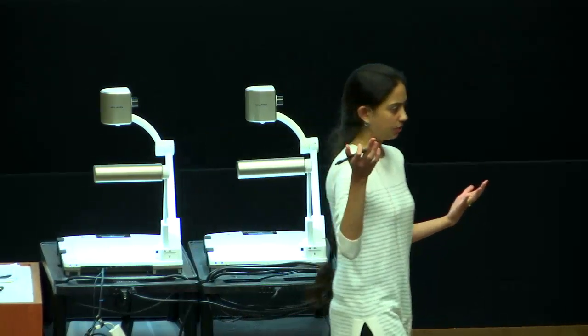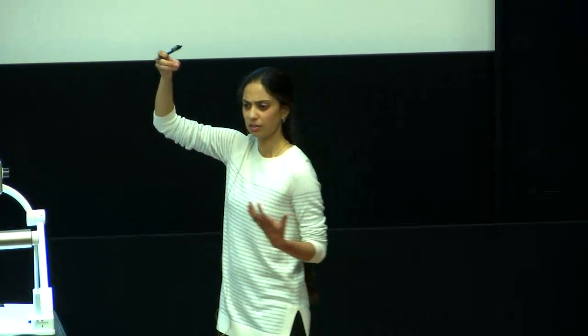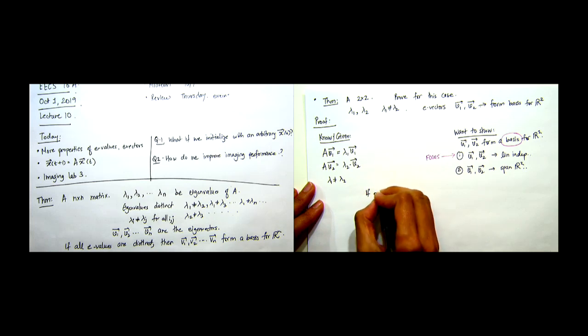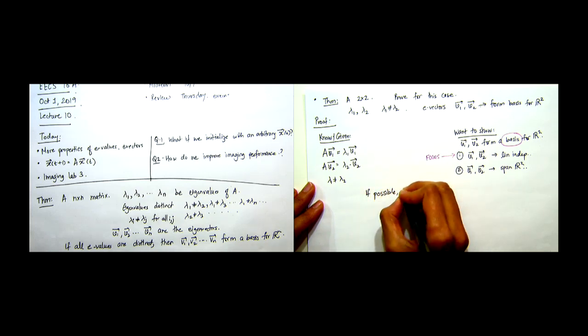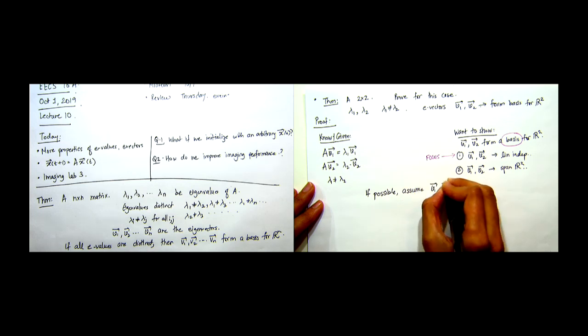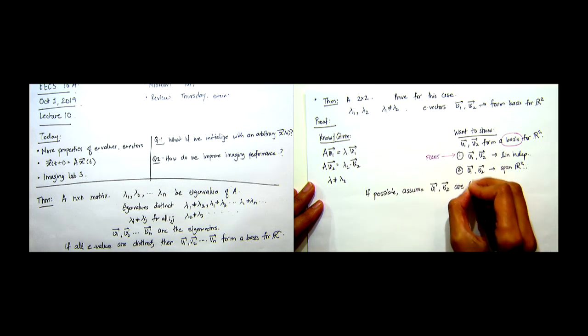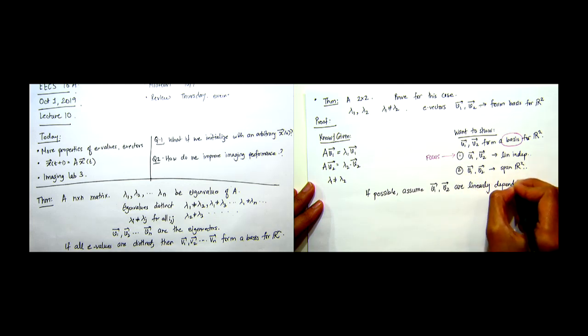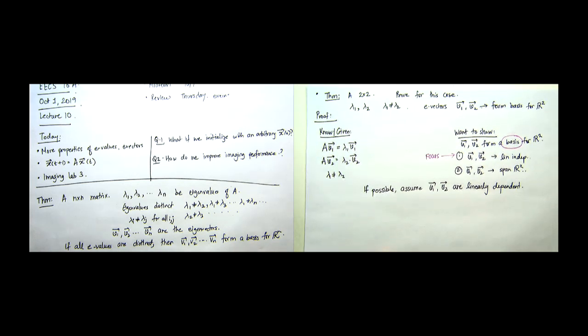Proof by contradiction, right? So what do you want to assume here? Assume that they're linearly dependent. So let's say, if possible, assume V1, V2 are linearly dependent. Okay?